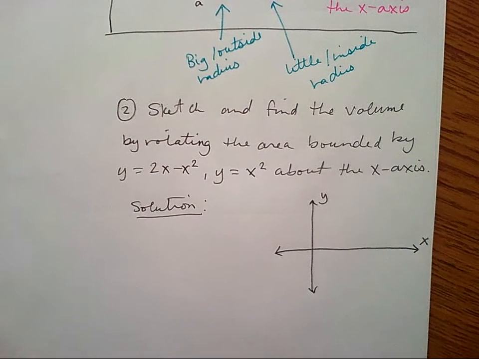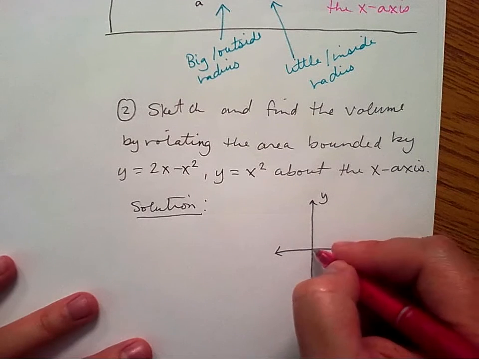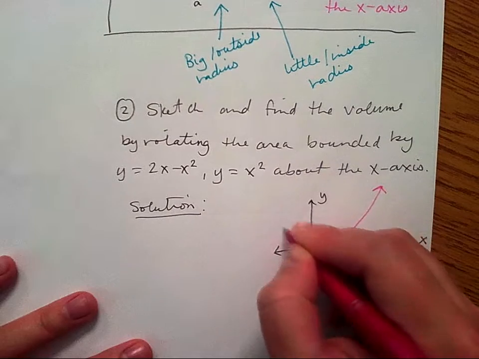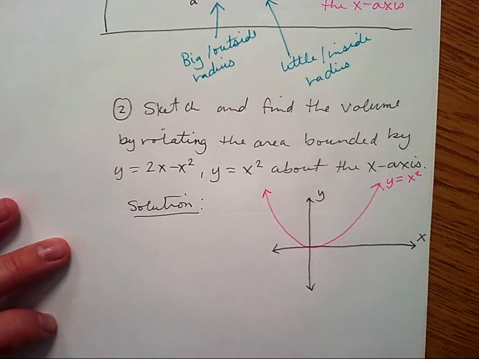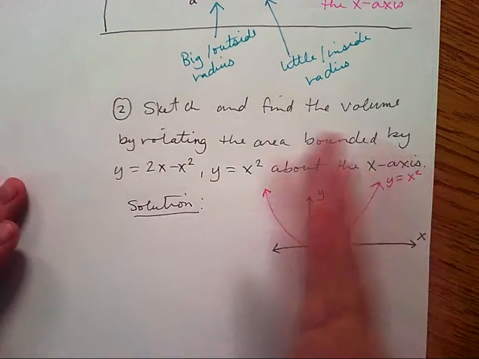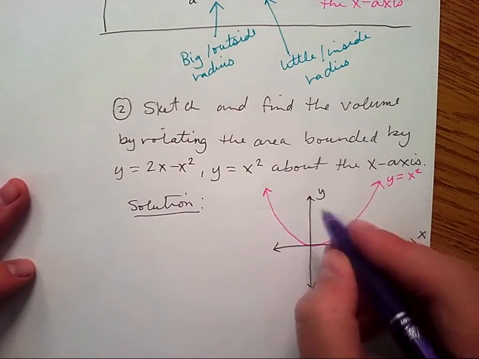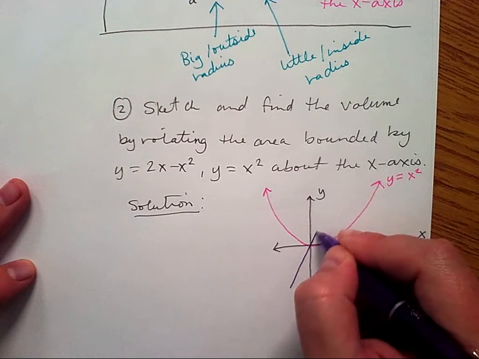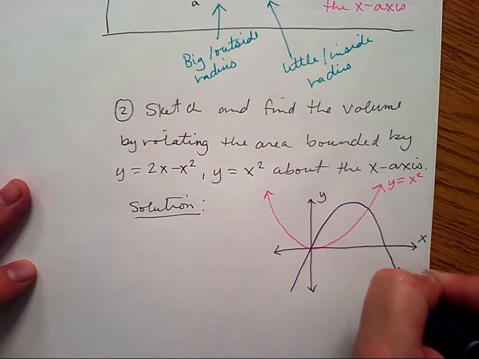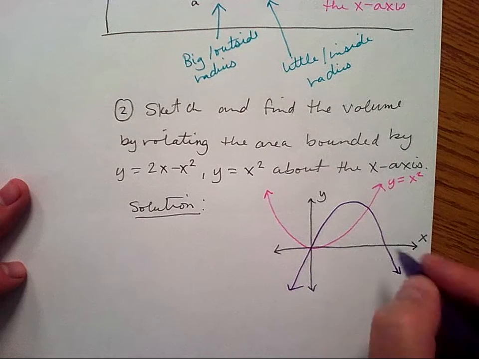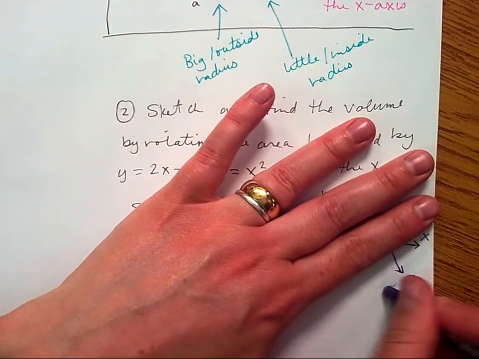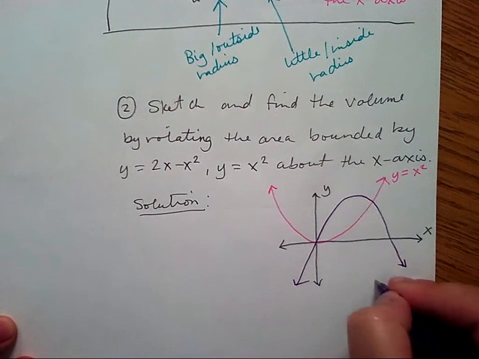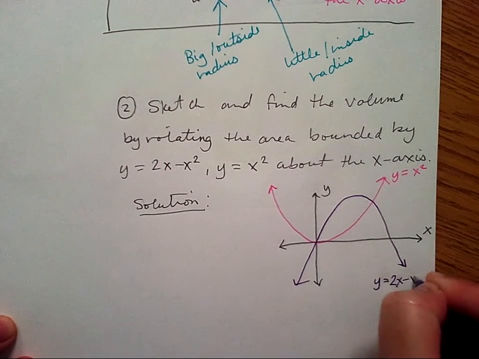So let's draw. y equals x squared. Obviously that's symmetric, right? And here I have something like this. y equals 2x minus x squared.